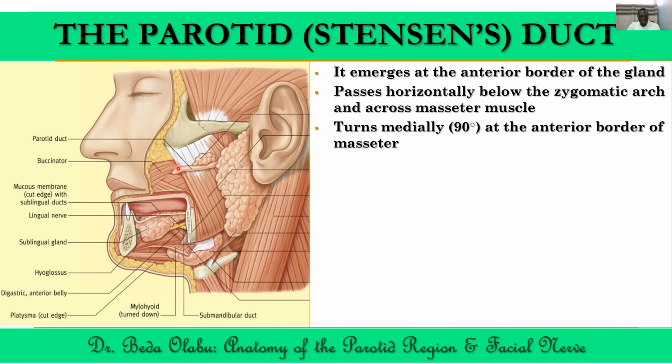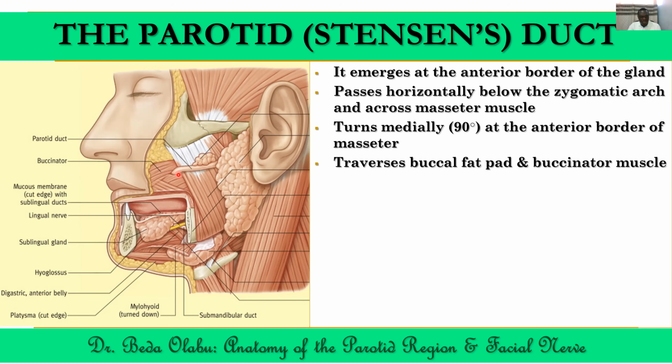That medial turn of the duct sees to it that it pierces the muscle deep to that one, which is called the buccinator muscle. Before it pierces the buccinator muscle, there's some pad of fat around here that the duct goes through.